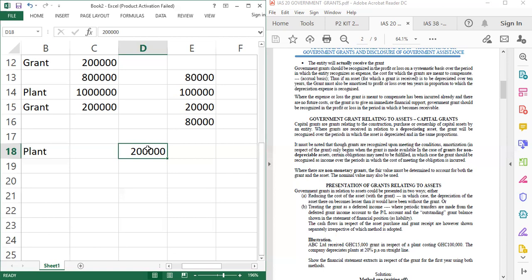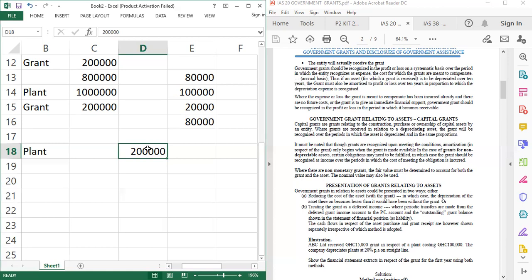How come? It doesn't make sense. The cost of the asset is the same as the grant received from the government. If we net it off, we are having zero, meanwhile we'll still be using the plant in our operations.